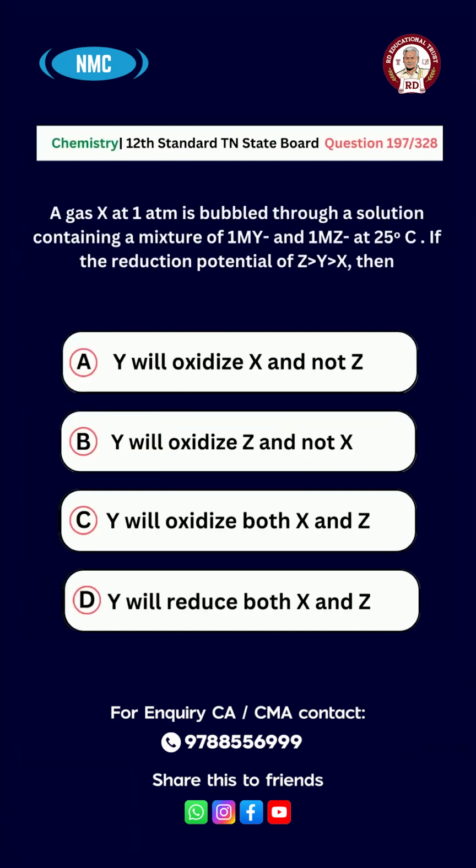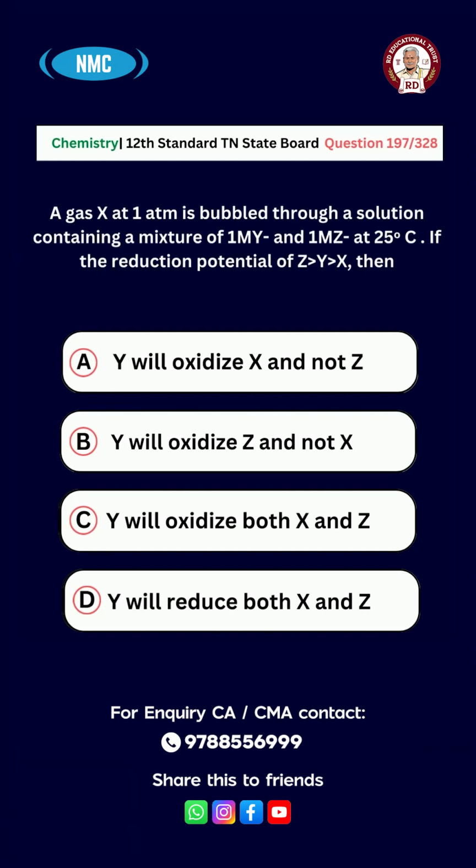Question number 197. A gas X at 1 atmospheric pressure is bubbled through a solution containing a mixture of 1 M Y minus and 1 M Z minus at 25 degrees Celsius.